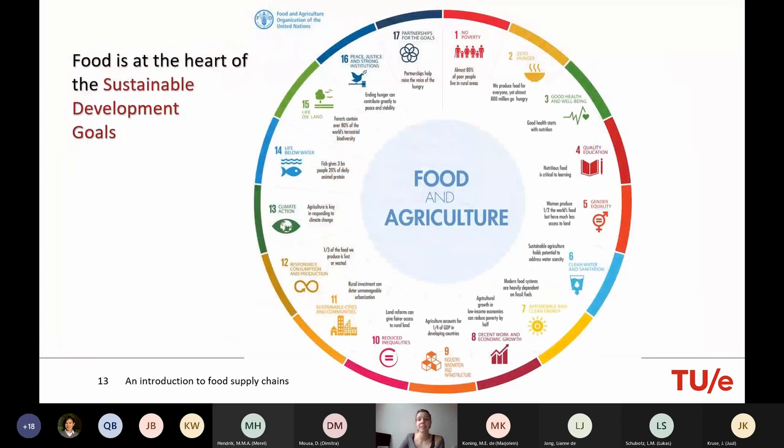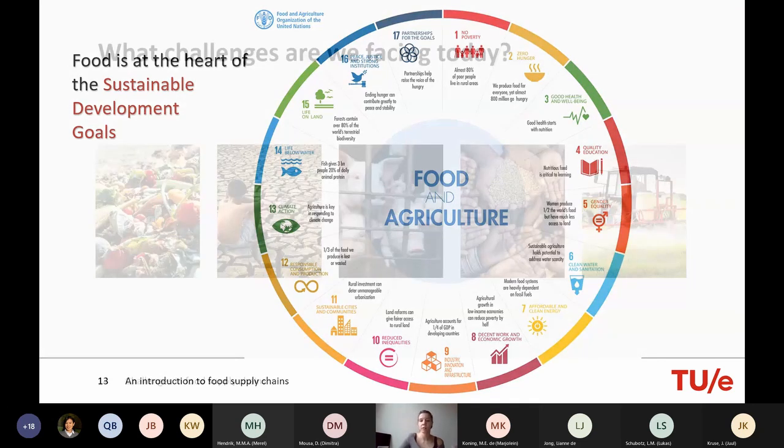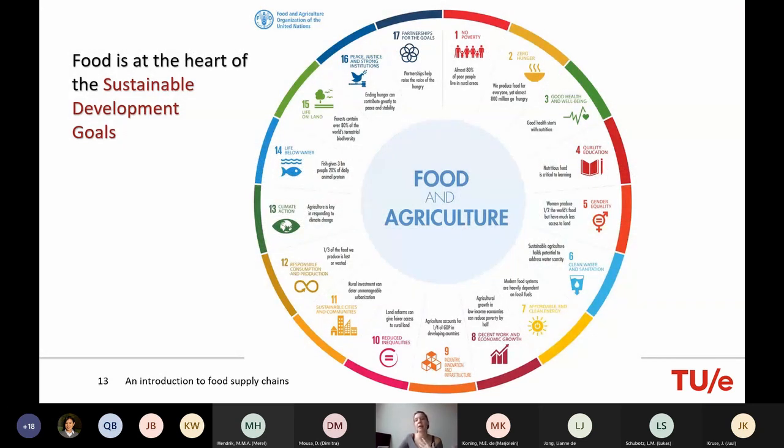So basically, how do we try and change the food system that's currently happening and make it more sustainable? Because there are a lot of challenges that we're facing today, and we will see a bit more in the following slides what these challenges are. But the Food and Agricultural Organization of the United Nations recognizes that food is at the heart of the Sustainable Development Goals and is closely linked to all these different goals and impacts them.